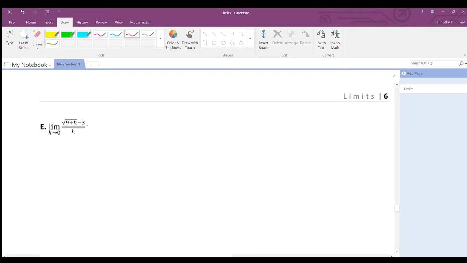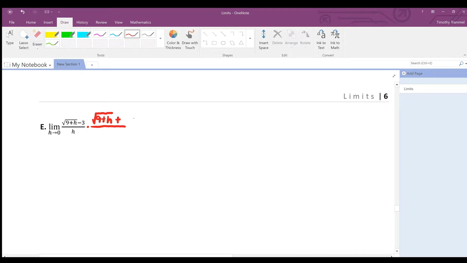We can actually multiply by the conjugate. I often think about the conjugate whenever I see a square root plus or minus something, or something plus or minus a square root. All the conjugate is, is the same expression, except the sign in the very middle changes.